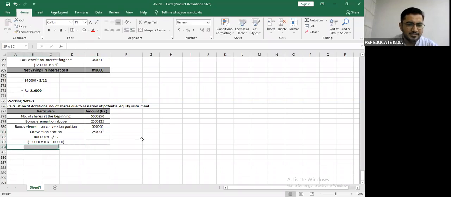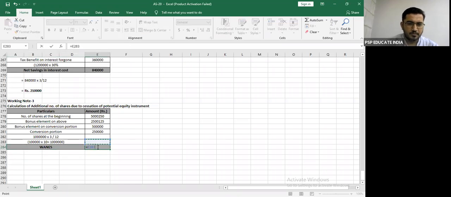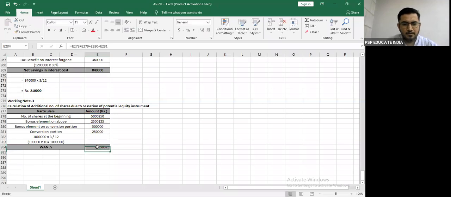So what's your total WANS? 82 lakh 50,375 is your total WANS.